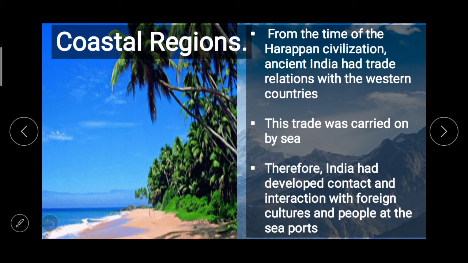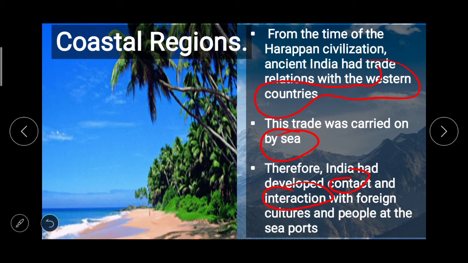From the time of the Harappan civilization, ancient India had trade relations with the western countries, and this trade was carried on by sea. Therefore, India had developed contact and interaction with foreign cultures and people at the seaports.